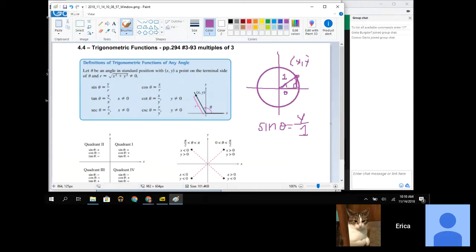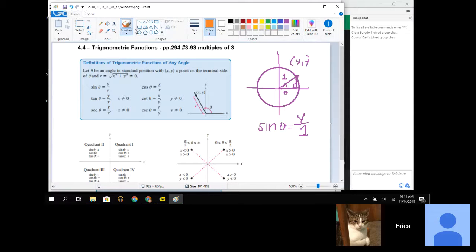Okay, so what we're going to talk about today is what happens if you still have a circle, and the circle is still at the origin, but instead of it being a unit circle, it has some other radius besides that.